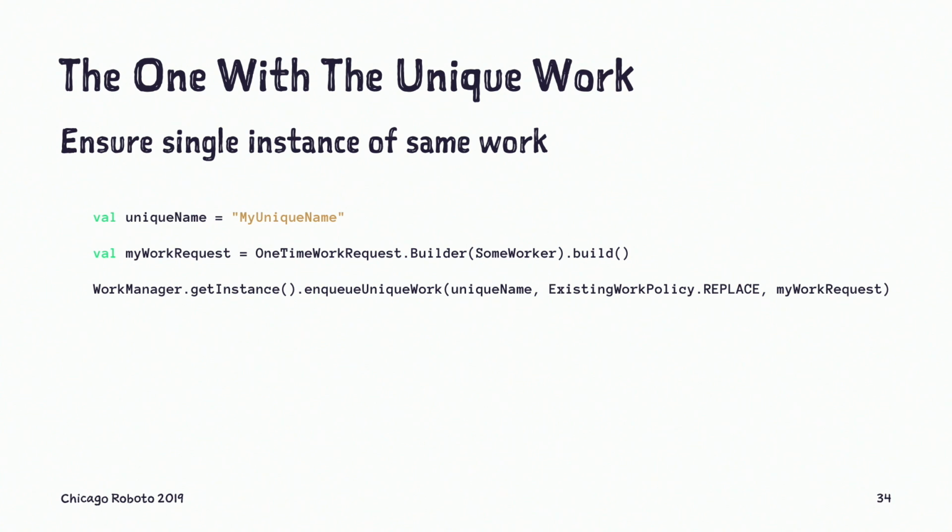The enqueue unique work comes into the picture. You pass it the unique work name you want, then the existing work policy, replace. This is where it comes into the picture, which defines what would happen to the existing jobs if a new job is scheduled with the same unique tag. And of course the work request which you want to execute.